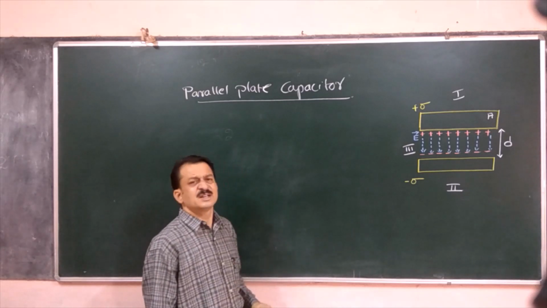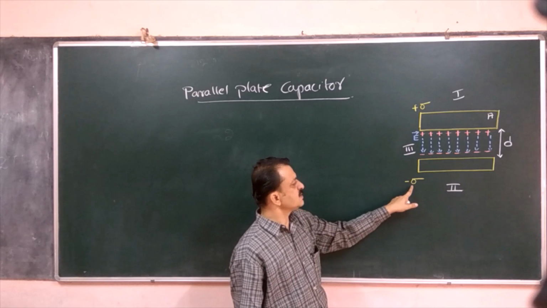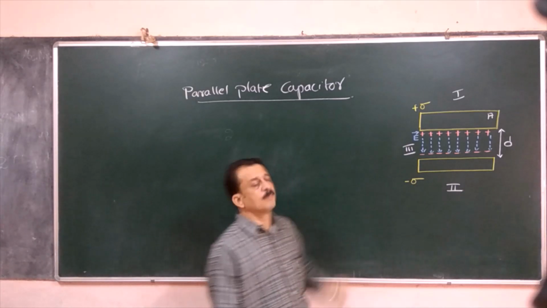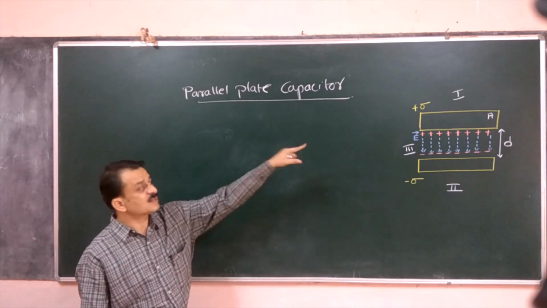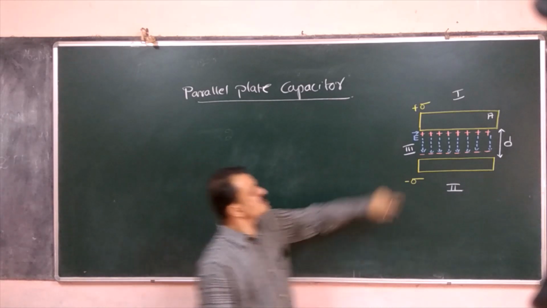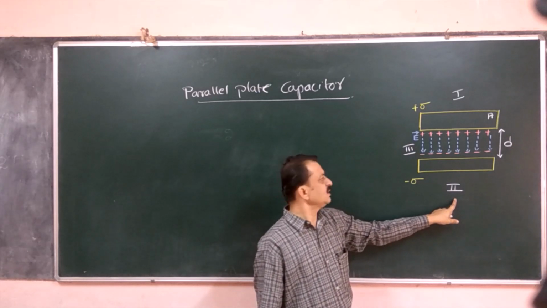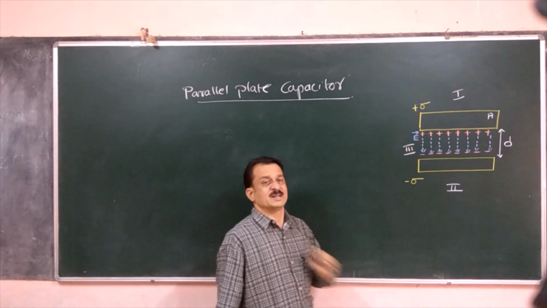The surface charge density of the first plate is plus sigma and the surface charge density of the second plate is minus sigma. In order to obtain the expression for capacitance of a parallel plate capacitor, we consider three regions. One is the first region, now this is the second region, and the third region is between the two plates.